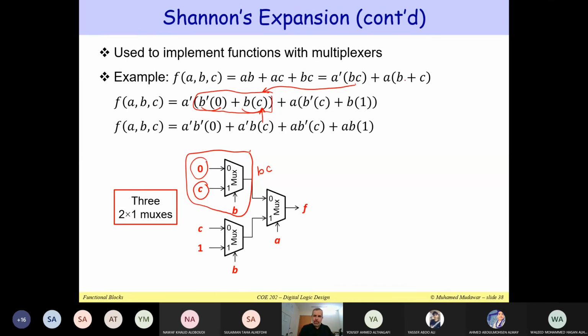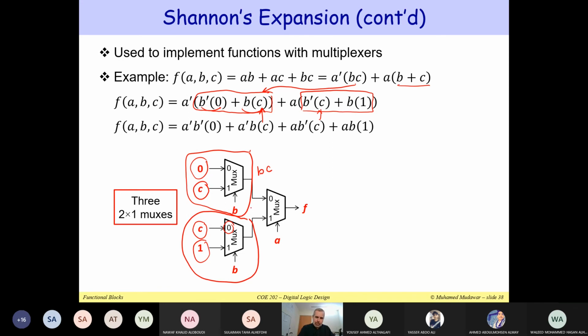And if you would like to implement B or C, we have actually expanded B or C inside the parentheses, and we have implemented here B or C. So when B equal to 0, when you have B prime, you get C. So we connect input C here to input 0. And when B is equal to 1, you get 1. So we connect here 1 to input 1.